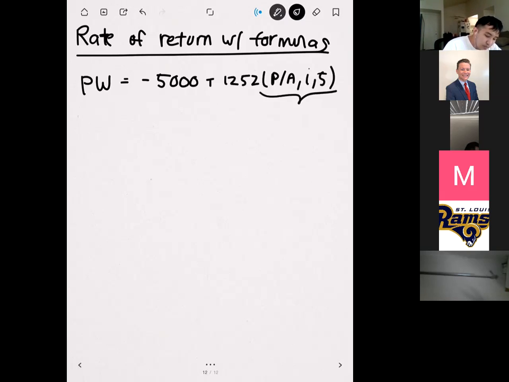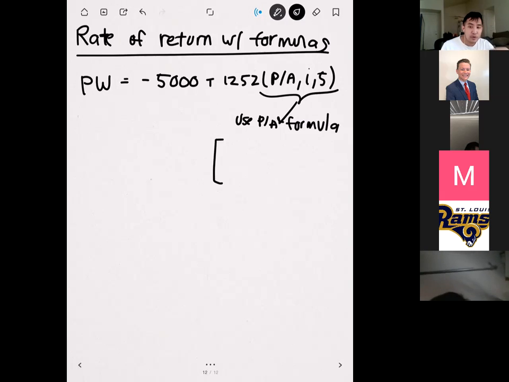Okay. And so for this, let's plug in our formula for P over A. When you're using these formulas, and plugging in for these terms in parentheses, you just divide both sides so that you just get the factor over there.